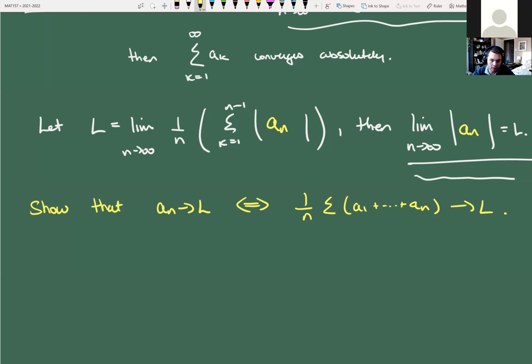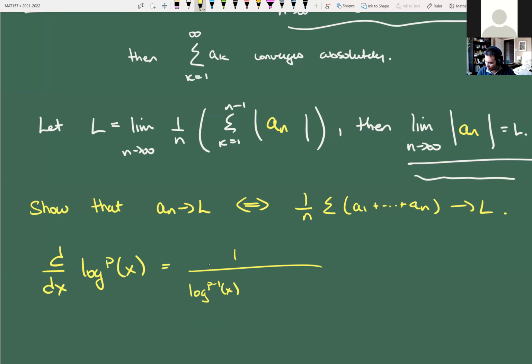So let's see if I can give you a hint on Q2. What's the derivative of log, what notation did I use here? Log^p of x. This is just a p-fold composition of logs. So what do you get? You get 1 over log^{p-1} of x times the derivative of log^{p-1} of x, and then you get a log^{p-2} of x here, et cetera.